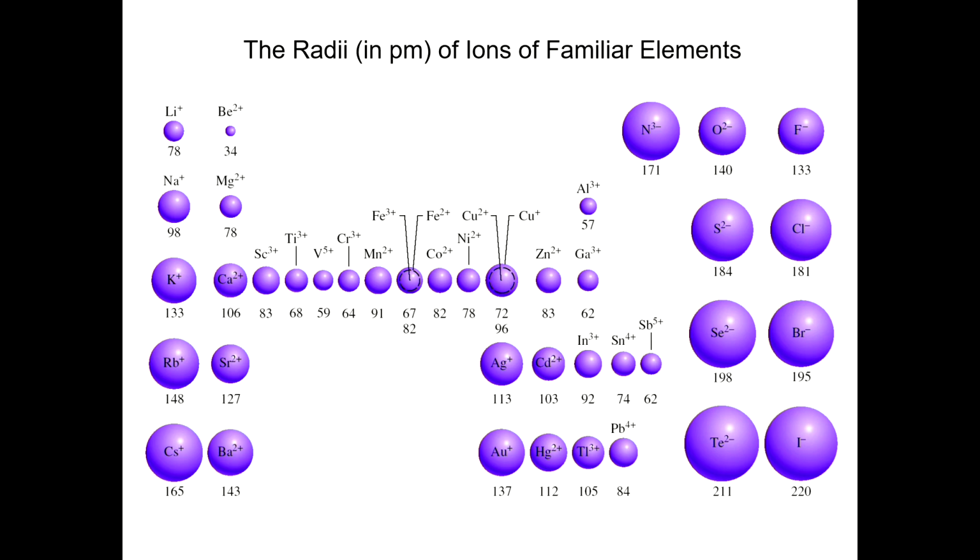Yeah, question? So what's the reason behind the increase in radius when gaining electrons? Right. Good question. We will explain later. Okay. Now, this picture shows the radius of ions.